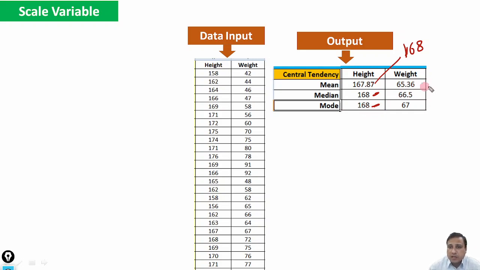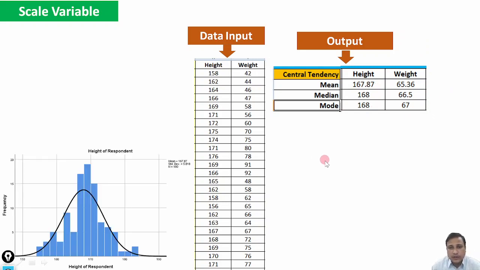What about weight? The average weight of my respondents is 65 kg. A respondent who stands at the 50th position, if I arrange this data in ascending order, has a weight of 66 kg, and the highest frequency weight is 67.